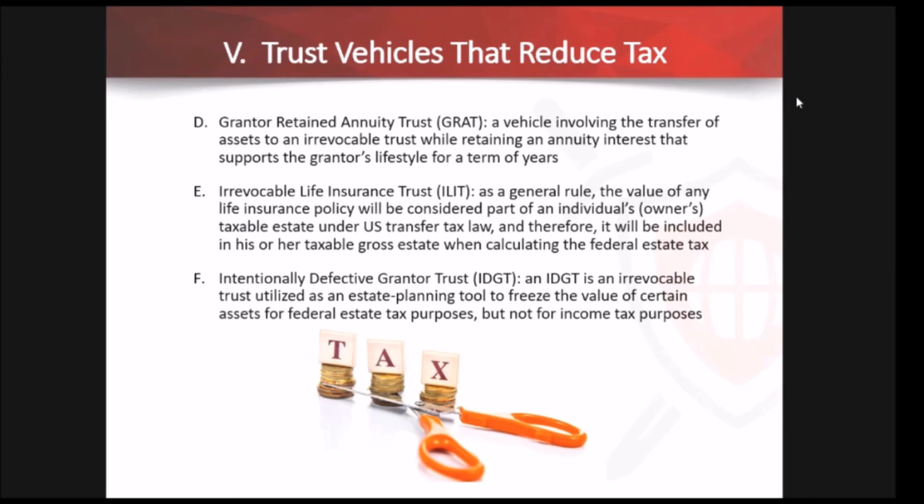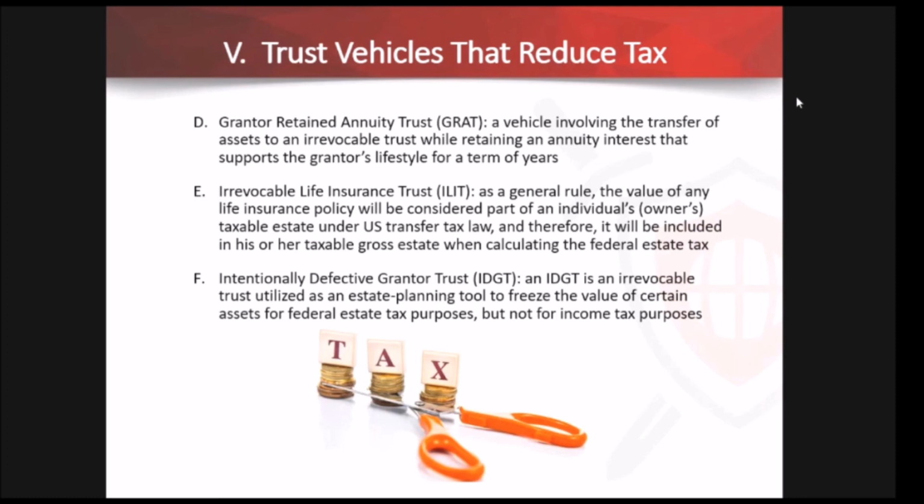Well, with a grantor trust, the grantor and the trust itself are considered the same for income taxes. So there's no sale. There's no gain there, which is great. But in the meantime, they can pay interest on the note, but they can get the value out at a freeze value, a lot of times at a discounted value, depending on how much is sold. There's a way to get a lot of value out and really maximize the income tax rules.